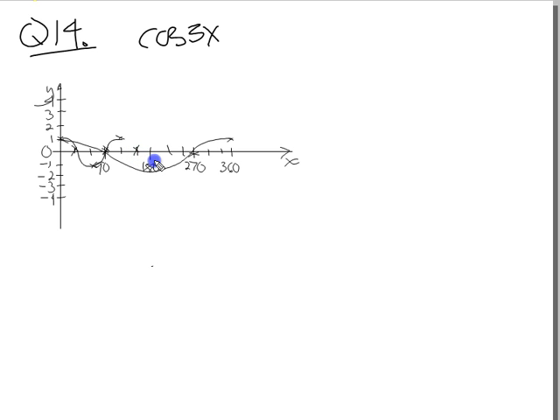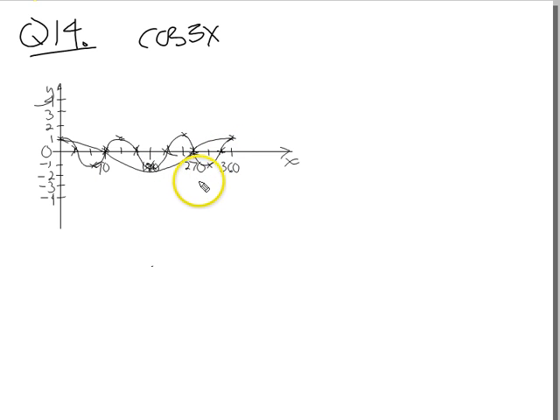This one is going to go to minus 1. Next one is going to go to 0. Next one is going to go to 1, isn't it? Then back to 0, back to minus 1, back to 0, then back to 1. So I'm going to try and draw these now. Like so. Now, that's cos 3x, isn't it?